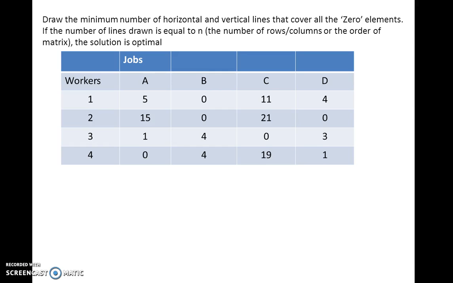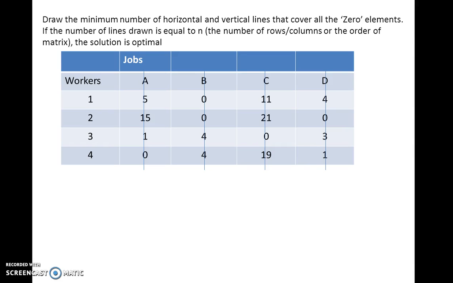Now look at other rows and other columns and find out maximum zeros in a row or a column. Now every row or a column has got only 1 zero. So we can draw either horizontal or vertical lines like this to cover all the zeros.